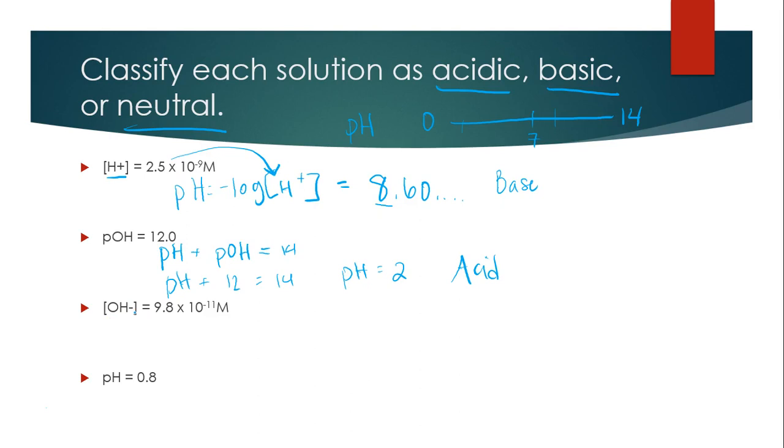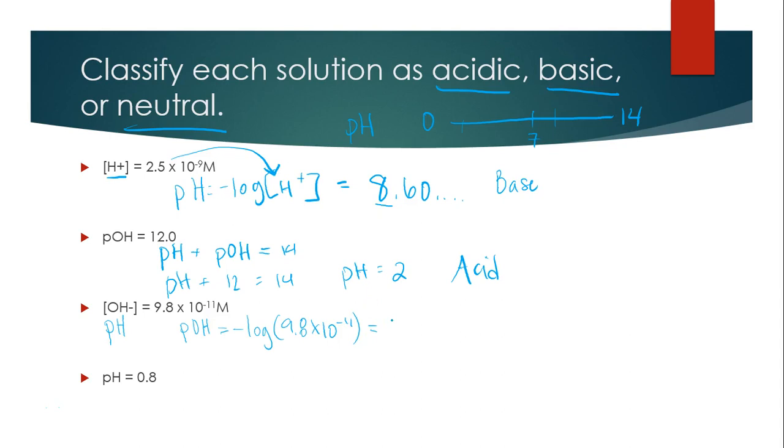Okay, what about this one? Now, this one's going to be a little more involved stepwise, because I either need to calculate the pH or I need to find the pOH and then find the pH. I mean, there's a couple of different ways to go about it. My choice was to put it into the pOH equation and do the negative log of the 9.8 times 10 to the negative 11th.